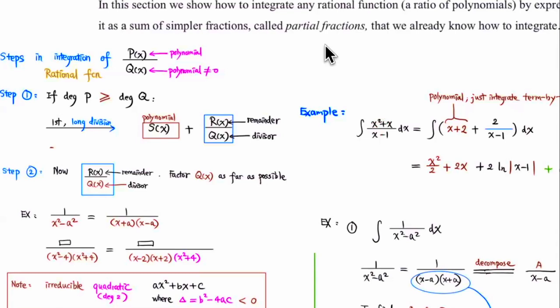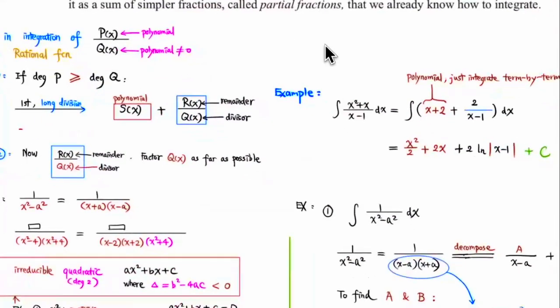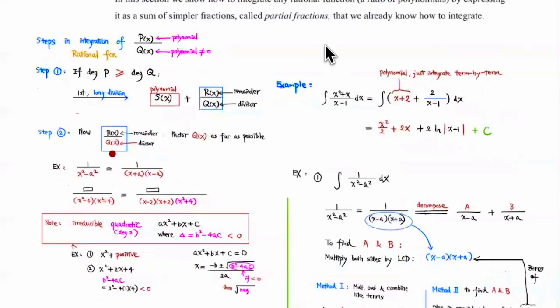So you use long division first. That's the first thing to do. Even when they have the same degree, when the degrees are equal, you still use long division first. And then for the remainder over divisor part right here, you can decompose it using partial fraction decomposition.